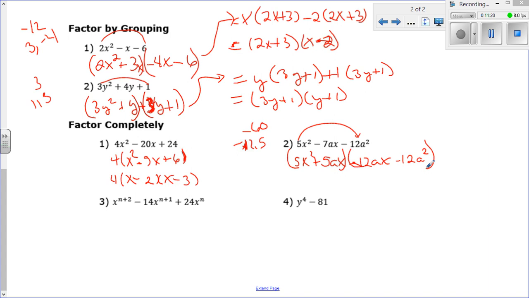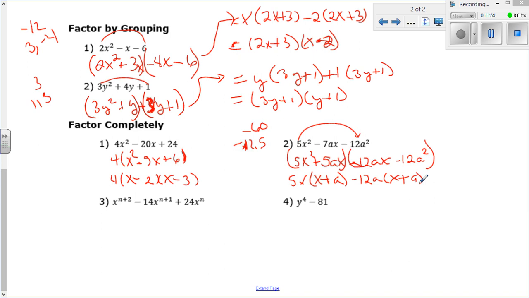These have a 5x in common, and I'm left with x plus a, and these two have a negative 12a in common, and I'm left with x plus another a.